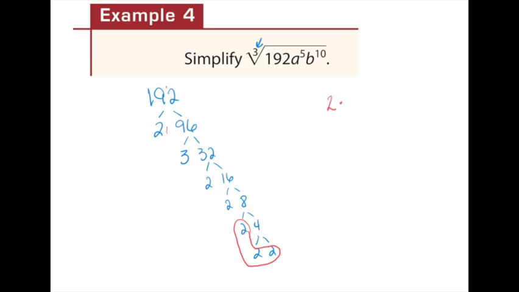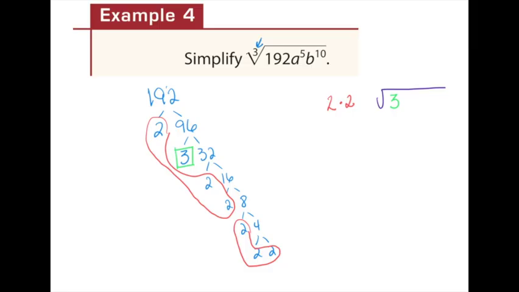And then I actually have, and because of how I did my factor tree, they're split up, but there's still 3 of them right there. Right? 1, 2, 3. So another 2 will come out. And then I have a 3 that does not have a group of 3s. So that means the 3 is going to stay inside my radical. So inside my radical, I am going to have a 3.